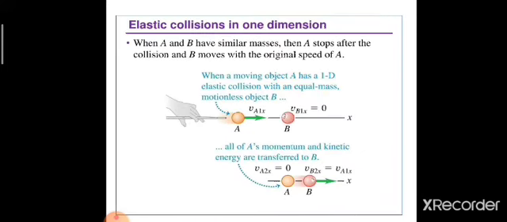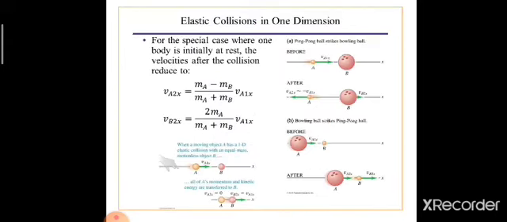Now let us consider two special cases. When A and B have similar masses, then A stops after the collision and B starts moving with the original speed of A. So in the previous case, let us put MA equivalent to MB.